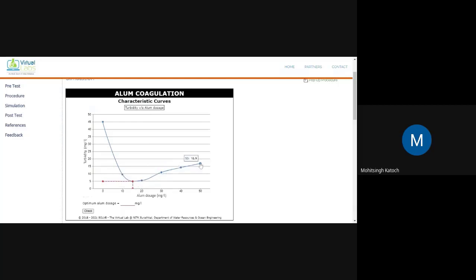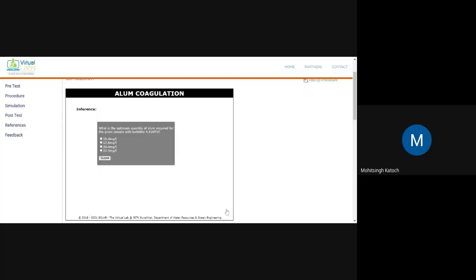So from this curve we can calculate that when the alum dosage is 15.4 milligrams per liter, it is having the lowest level of turbidity, that is 4.91. So optimum alum dosage in milligrams per liter can be written as 15.4 milligrams per liter as per this curve. We can check this value and the value is correct.